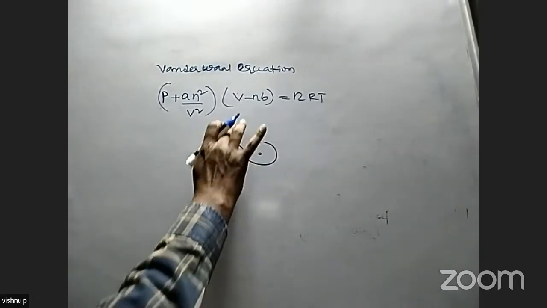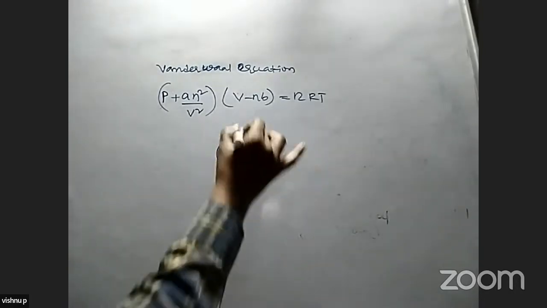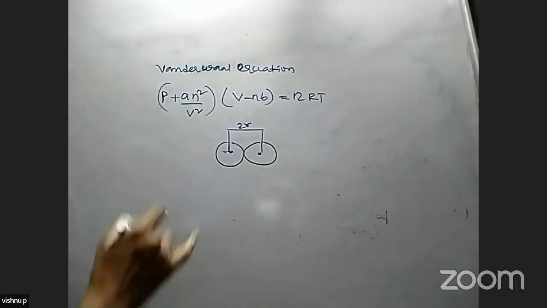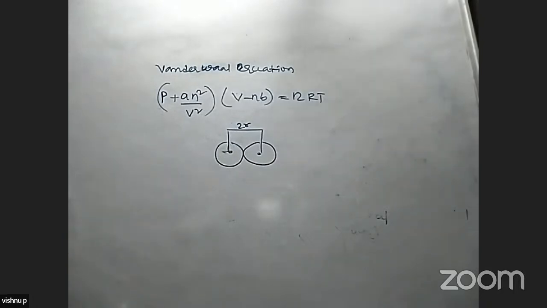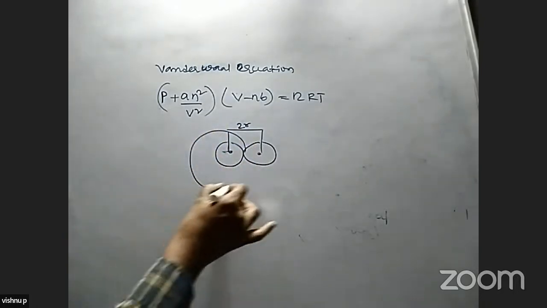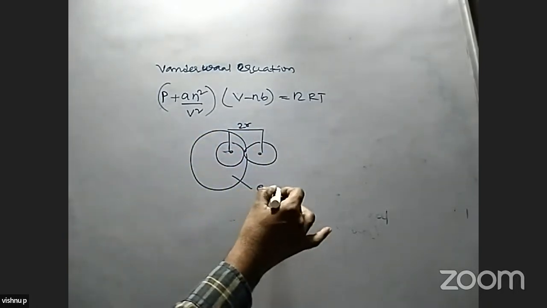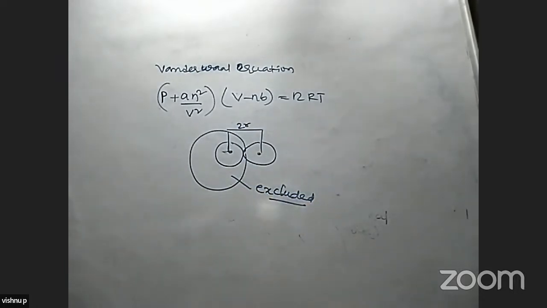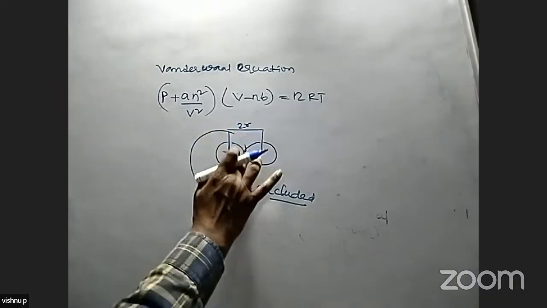We can take it as this volume. This is here 2R. And what is this volume? It is called the excluded volume, which is not available for free movement of gas molecules.